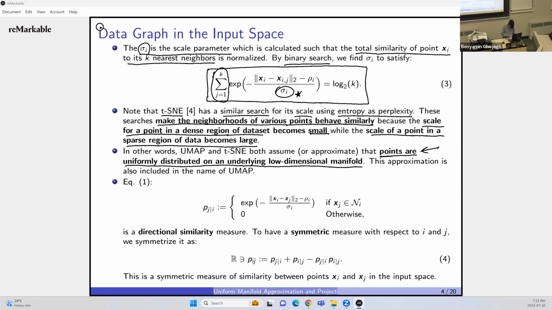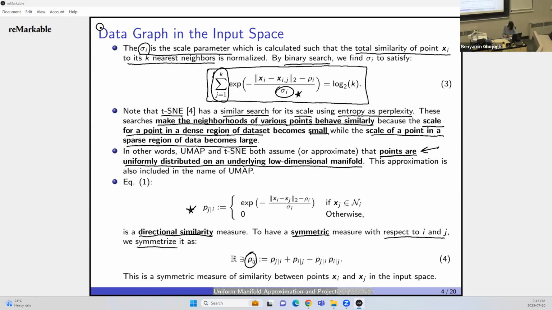Equation 1, do you remember this was equation 1? I'm repeating it here. It is a directional similarity measure. What does it mean? It's not symmetric, it's asymmetric. To have a symmetric measure with respect to i and j, so I want p j given i to be equal to p i given j, what should I do? We can symmetrize it in this way.